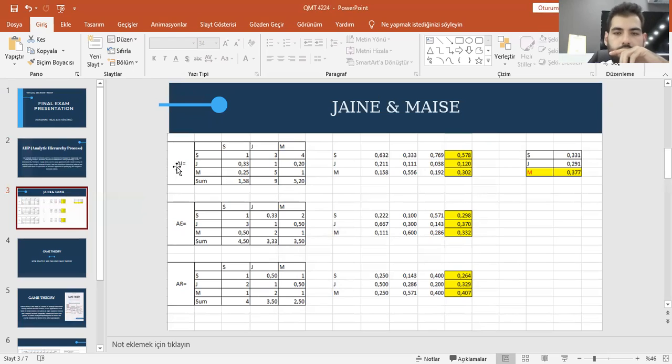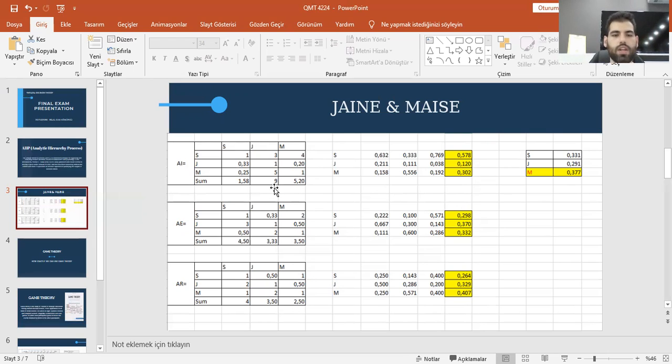At the first matrix, when we check it, Steve has 1.1 on the personal side, Jane has 0.33, and Misa has 25 percent. To summarize, when we add them, it makes 1.50, and when we add the other column, it's 9.